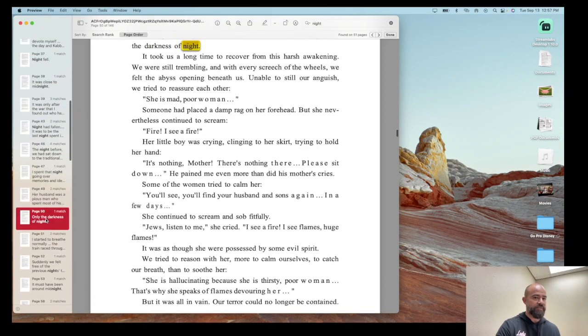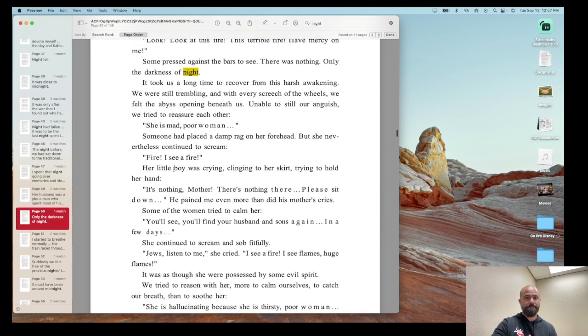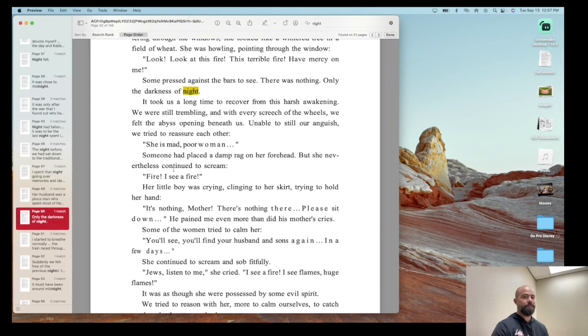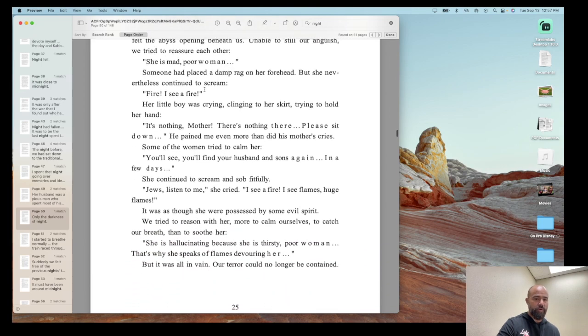The darkness of night. Ooh, I like that. In the darkness of night, he's talking about the abyss opening up beneath us. This is where Mrs. Schachter is talking. I'm going to take the couple of sentences around that one. Do the same thing, copy it, look what page it comes from.